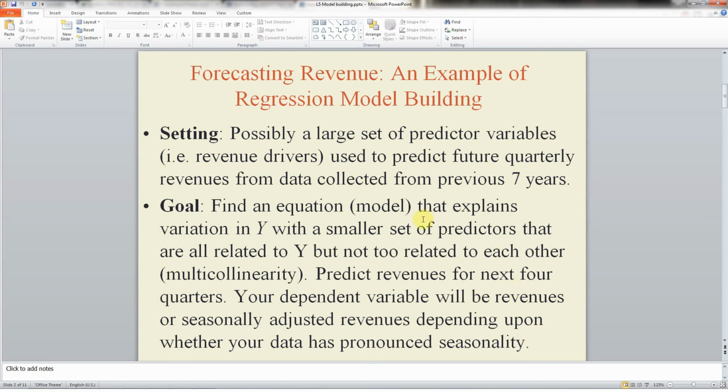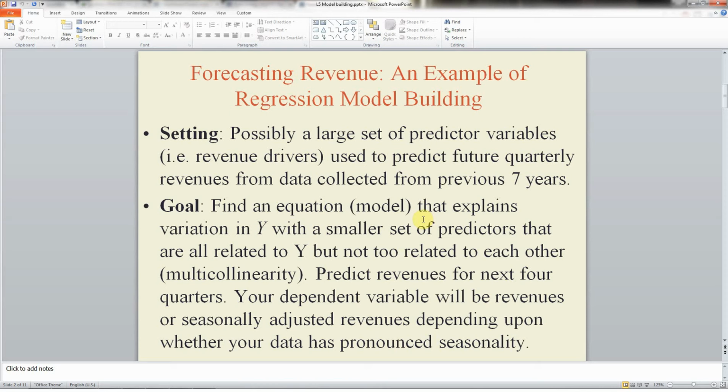One of the problems with having a lot of predictors, of course, is what I call the friend of the friend is your friend problem. If I am really good friends with somebody and you're really good friends with somebody, it's not uncommon for you and I also to be really good friends.